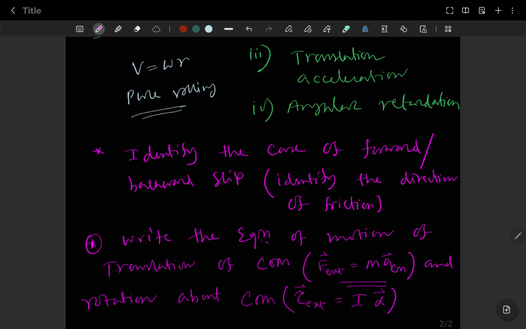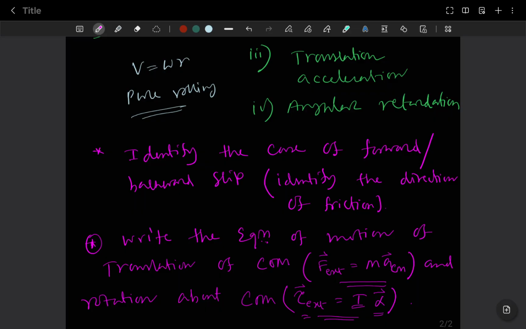This one also you have learnt in this chapter. So you have to write the equation of motion for the translation of center of mass and rotation about center of mass separately. But remember here this torque, this moment of inertia and the angular acceleration all are referred to the center of mass. All these quantities are taken about the center of mass. Remember this thing very clearly.